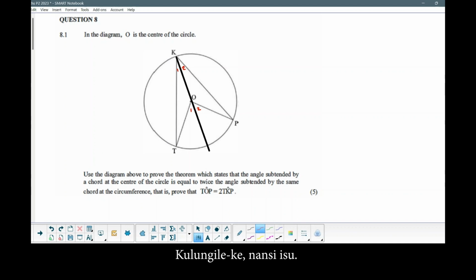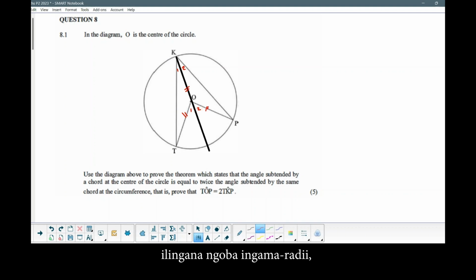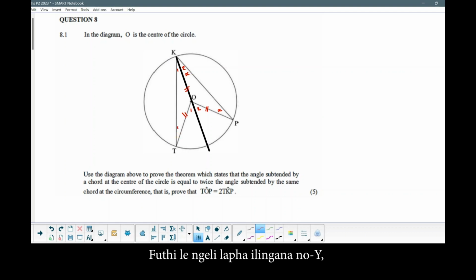All right, then here is the strategy. If this is the center of the circle, it means that all these lines happen to be equal to each other because they are the radii, making two isosceles triangles. If this angle here is equal to x, then so is that. And if this angle here is equal to y, then so is that, making angle K x plus y.